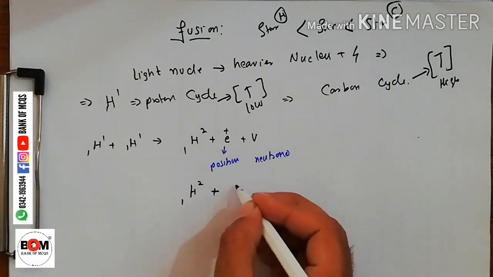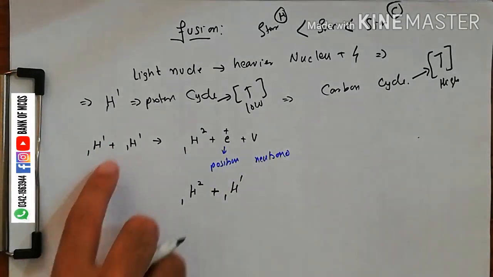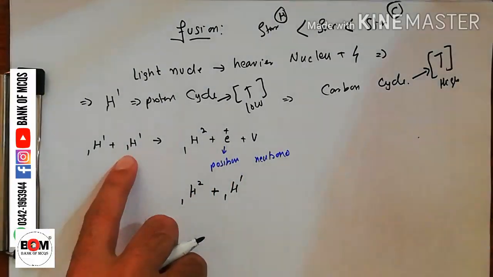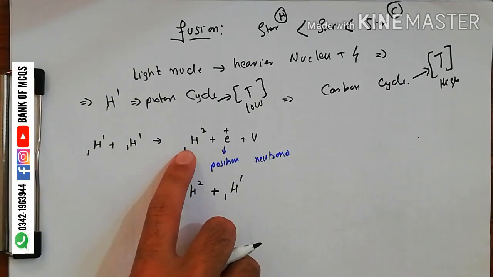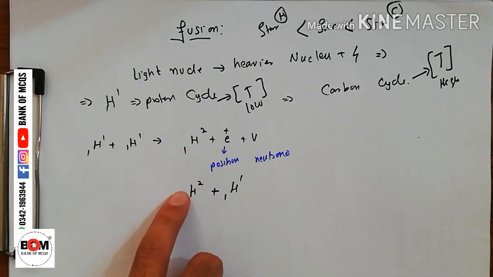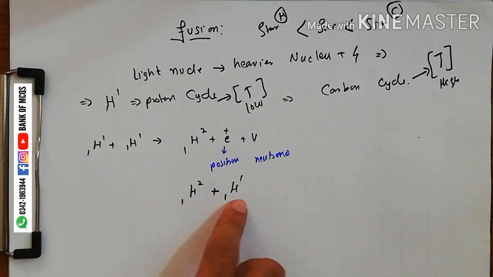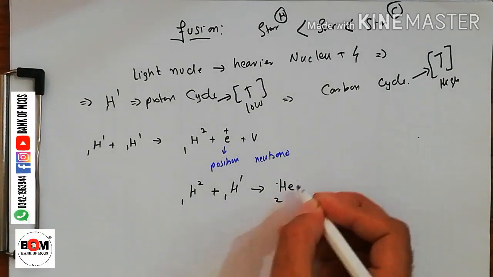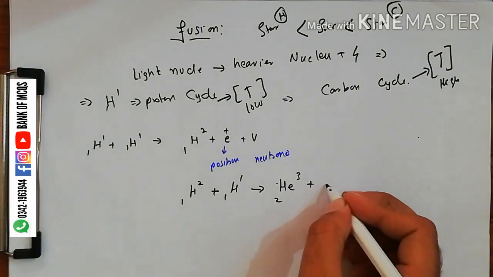In the next step, this deuteron combines with another proton. This cycle is called the proton cycle because it originates from protons. One proton and another proton react and form a deuteron. In the next step, that deuteron reacts with another proton and forms helium 2H3 plus a gamma particle.